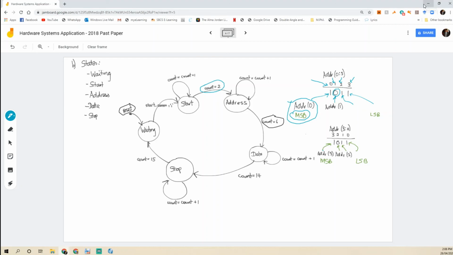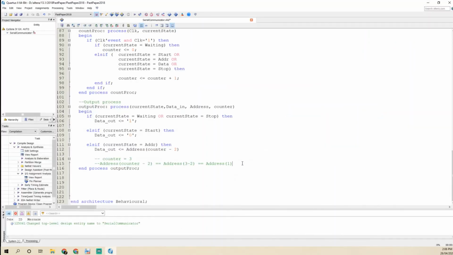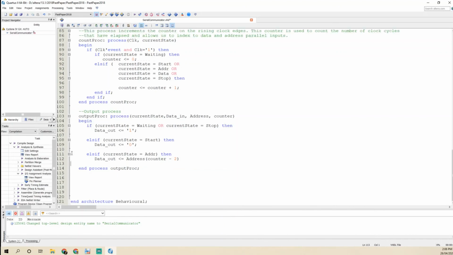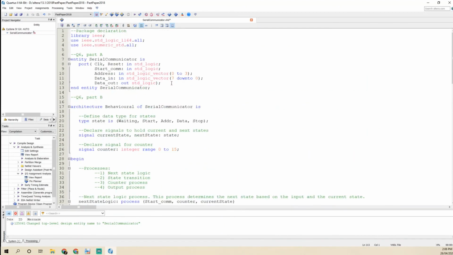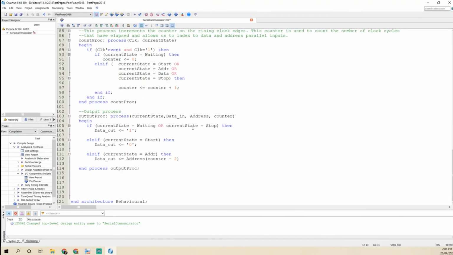And that's why we use that indexing scheme, and that is the significance of declaring the vector using 0 to 3.